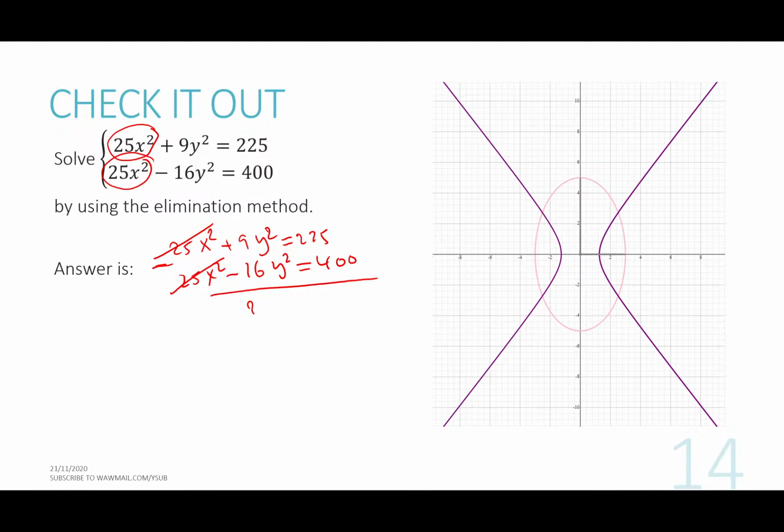You can use your calculator to get it, but 225 minus 400, you will get the answer as minus 175, and y square we can get by dividing by 25. So dividing by 25 is equal to minus 7.